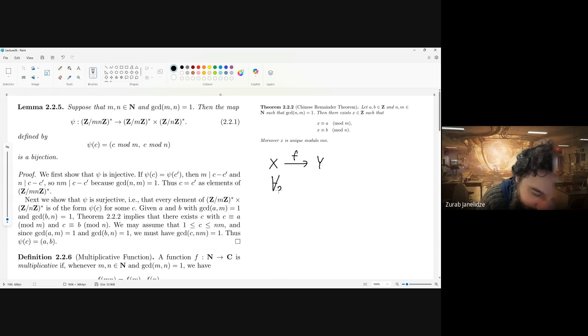Firstly, for every x1 and x2, if f of x1 equals f of x2, then x1 equals x2. This property is called injectivity of the function.